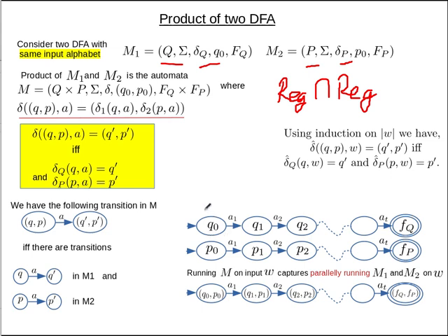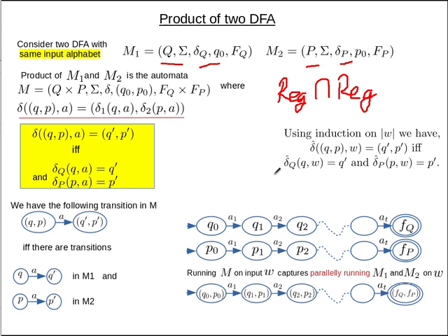If you start from the start states of M1 and M2, and reach two states that are final states in M1 and M2 respectively, then you know that the string you processed is in the language of M1 and also in the language of M2, and that is simulated by this one path in M. So this will be in the intersection of L1 and L2. So that was the idea for regular intersection regular.